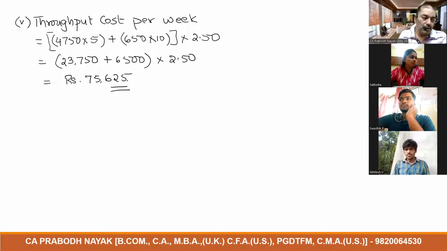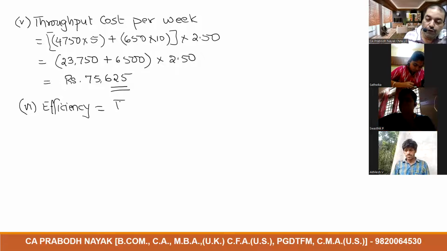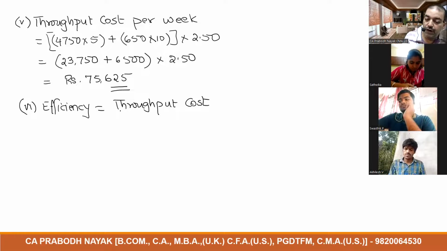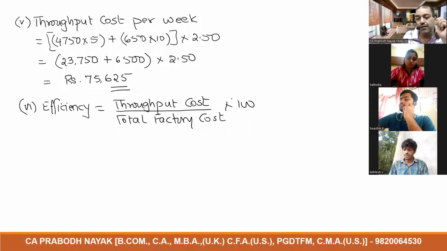Okay. Now, sixth one, they have asked us for efficiency. Efficiency is throughput cost upon total factory cost into 100. My factory cost was estimated to be 78,250.